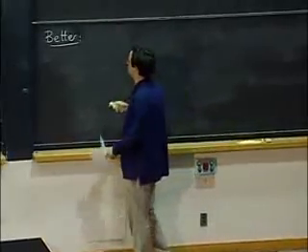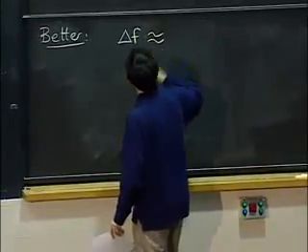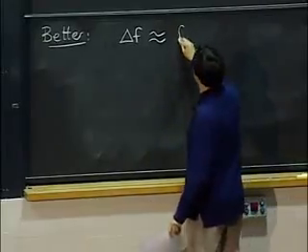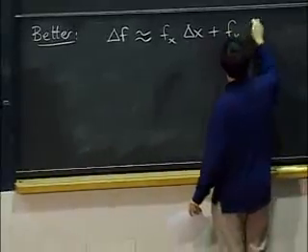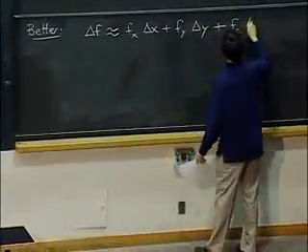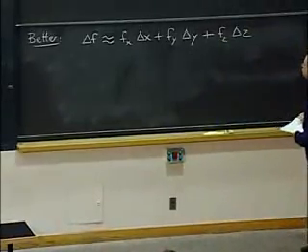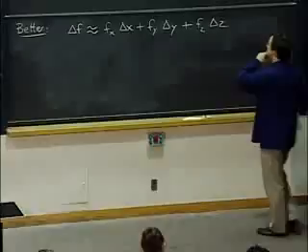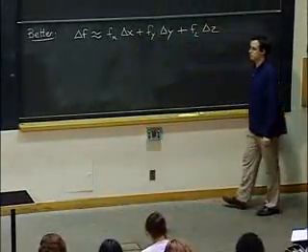At least we should have trust in them. So we should believe that if we change x a little bit, if we change y a little bit, then we are actually going to get a change in f that's approximately given by these guys.